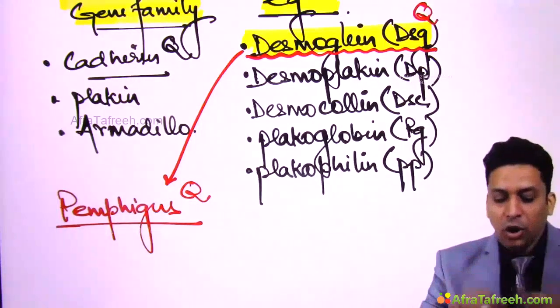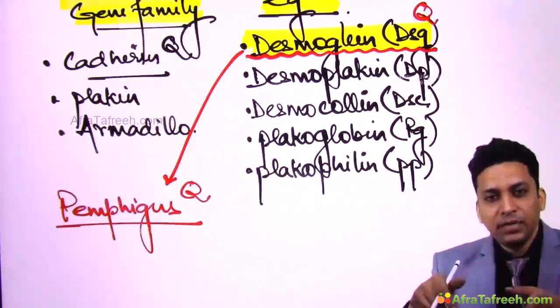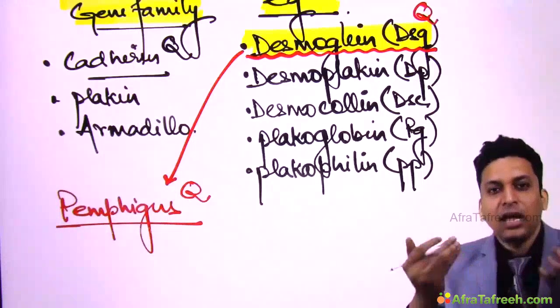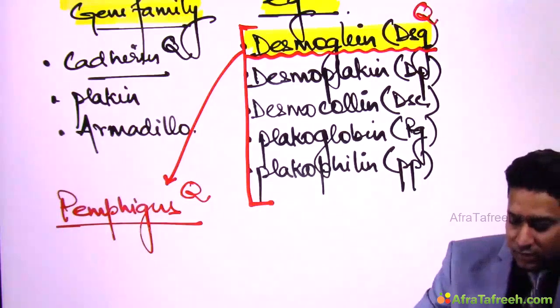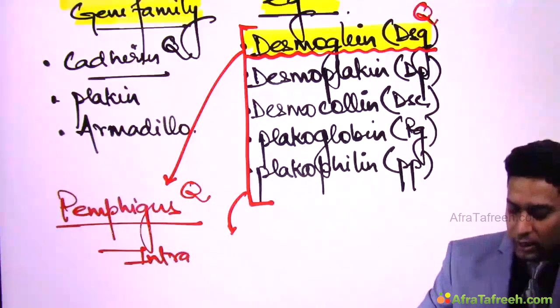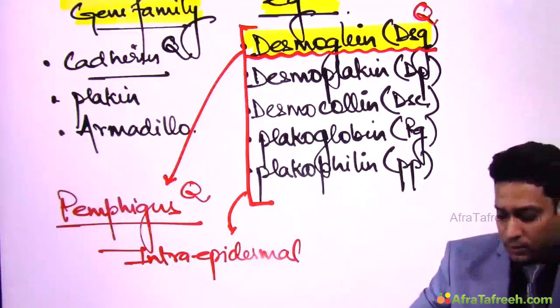Not only desmoglein, all these proteins are present in desmosomes, within the epidermis. So if any of these proteins becomes defective, it leads to an intraepidermal disorder.